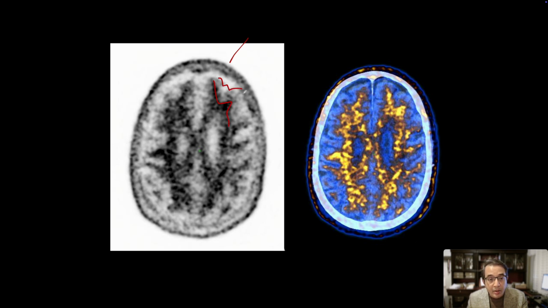At the same level on the fused PET-CT image using the color scale for PET uptake, we find that it's easier to differentiate between the gray and white matter uptake. So here's the white matter with physiologic uptake, and here's the gray matter showing no uptake. And so this study is a negative amyvid PET study.